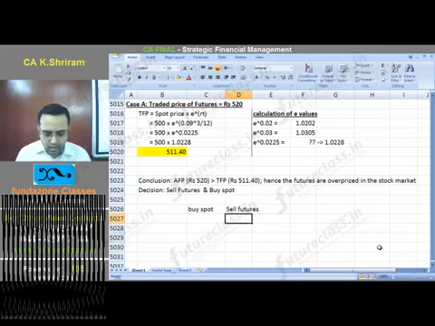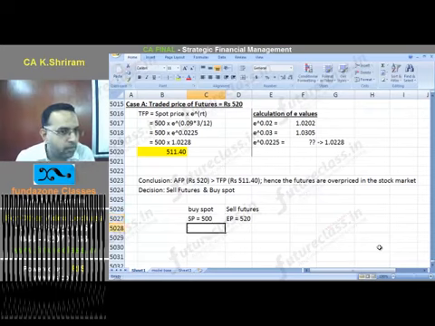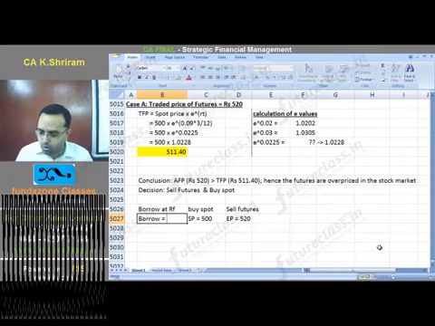You sell futures at an exercise price of how much? 520. For that you buy spot at a spot price of how much? 500. That's the spot price. Today the share price is 500, correct? Where do you have money to buy this? Borrow at RF. So let there be a borrowing. How much do you have to borrow? 500 or 520? 500.